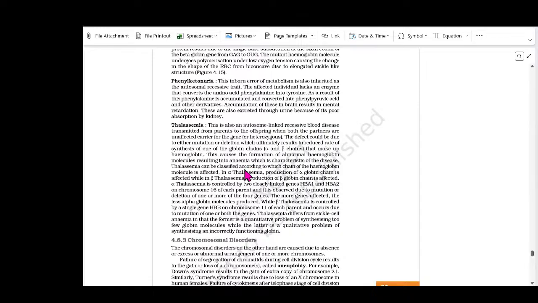Thalassemia can be classified according to which chain of the hemoglobin molecule is affected. In alpha thalassemia, production of the alpha globin chain is affected, while in beta thalassemia, production of the beta chain is affected. Alpha thalassemia is controlled by two closely linked genes, HBA1 and HBA2, on chromosome 16 of each parent, and it is observed due to the mutation or deletion of one or more of the 4 genes.